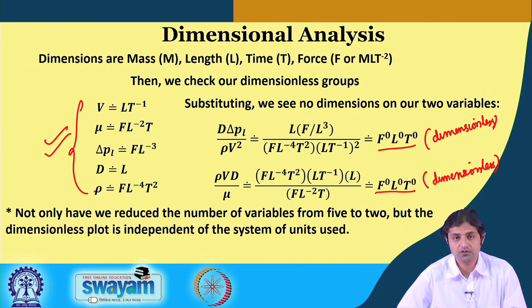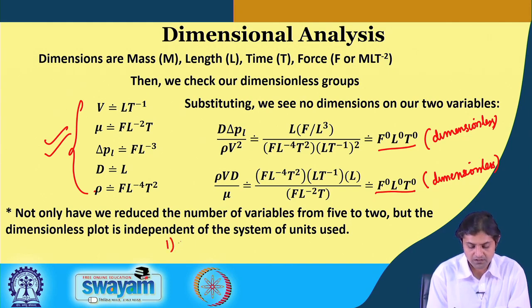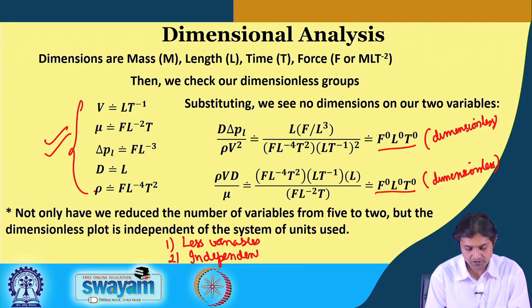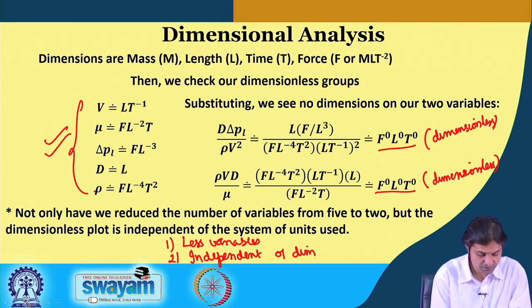It does not matter if we have used the SI system or CGS system or any system for that matter, because there are no dimensions associated with it. So, the two advantages were fewer variables and, very important, that these dimensionless groups are independent of units.